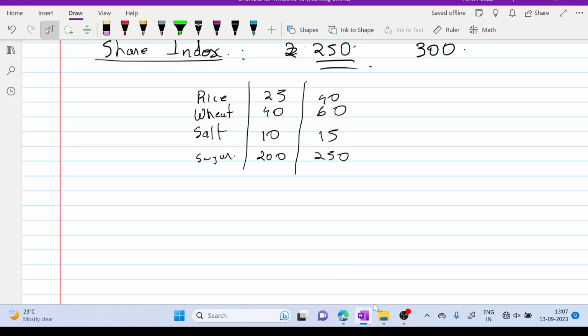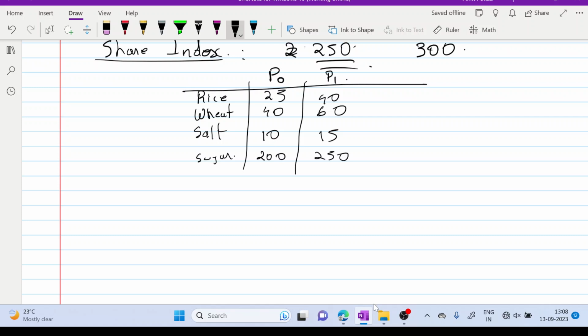तो इसमें सबसे पहले जो original price रहता है, like in this case this one, it's denoted by P0. Okay, the original price is denoted by P0 and the price in the current year is denoted by P1. So the price in the original year, जो भी रहेगा original year, they will tell you 2010 and 2015. So this will be P0, this is P1.